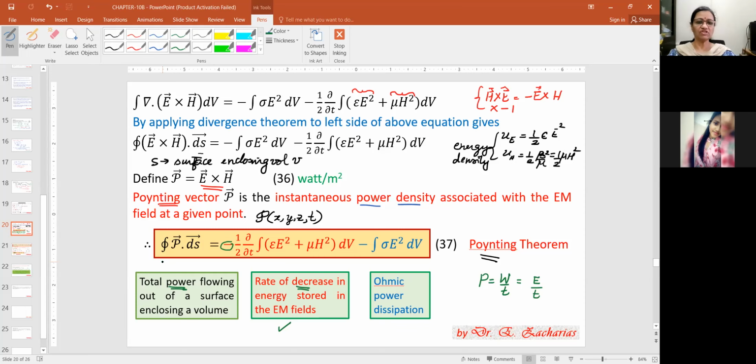I hope this equation and the interpretation of this theorem are clear to you. So the total power flowing out of a surface enclosing the volume is equal to the rate of decrease of the energy stored in the electromagnetic field minus ohmic losses. Okay. Any doubts, guys?